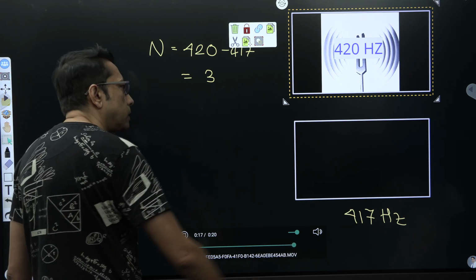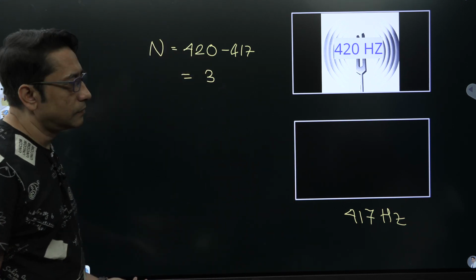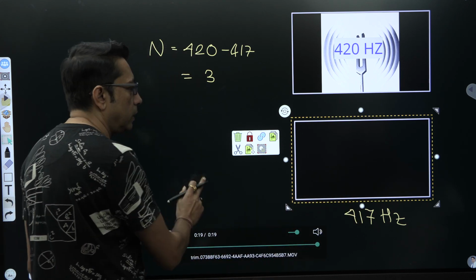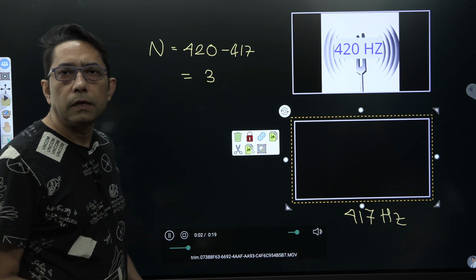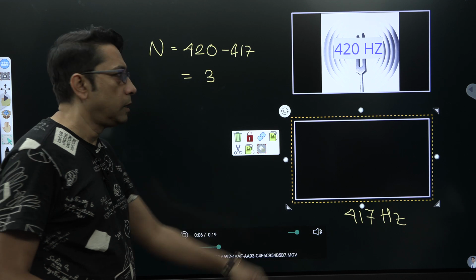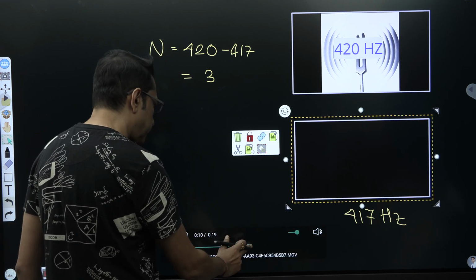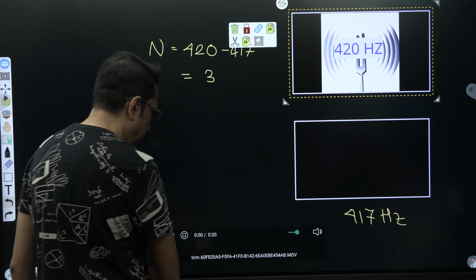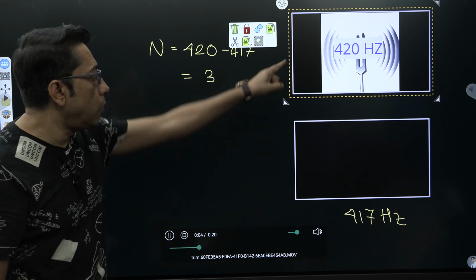But if I stop them, no sound. If I play this separately, 417, it will play like this: constant intensity of sound. If I play the other separately, constant intensity of sound, 420 hertz.